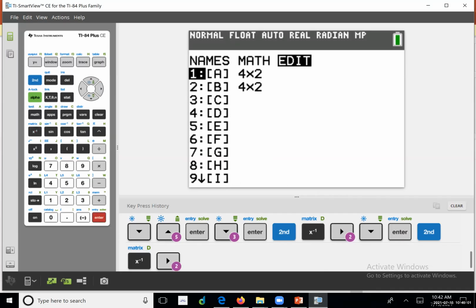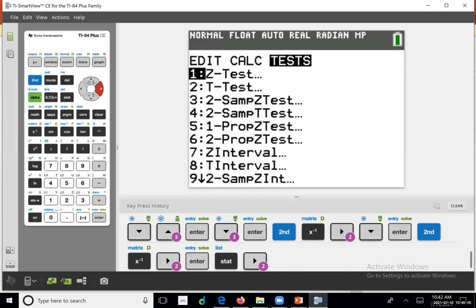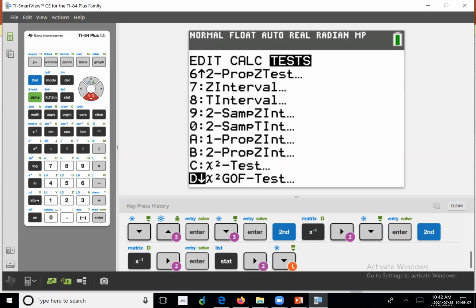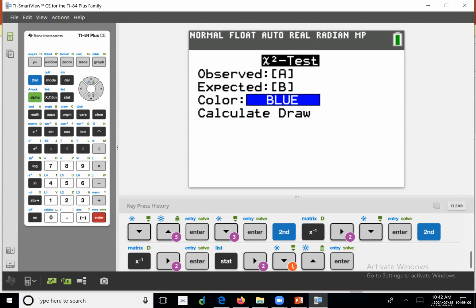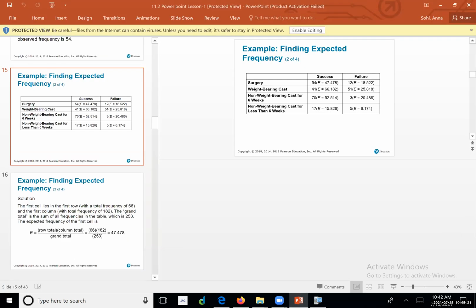And then once you enter A and go to chi-square test, it's going to develop B for you. Okay, so that was it. That's what you need to do for this section.